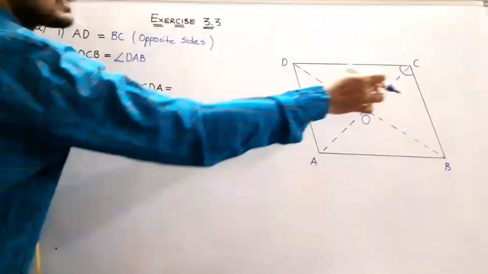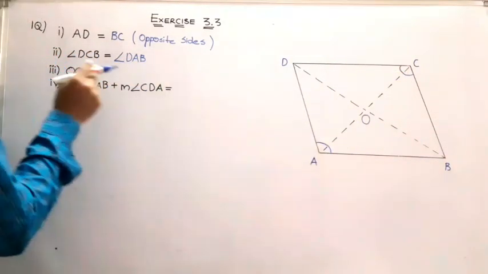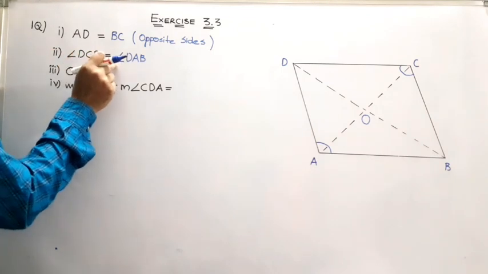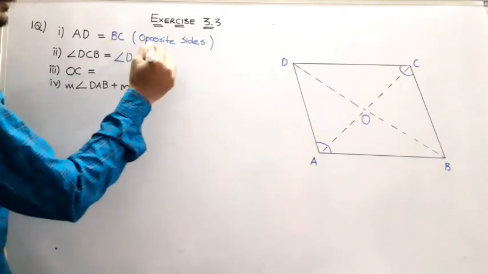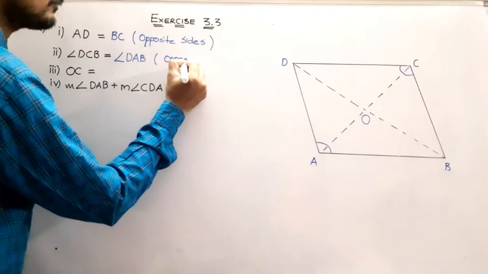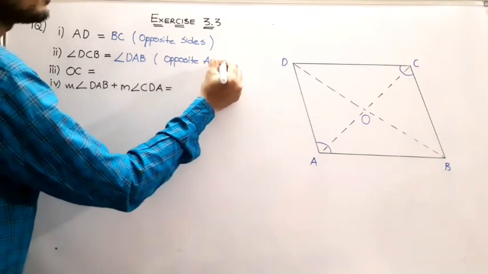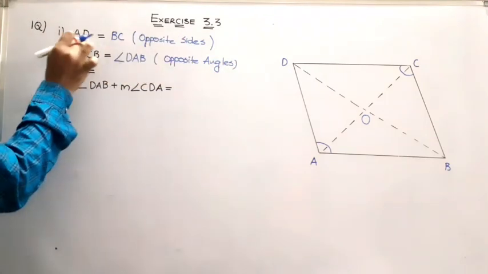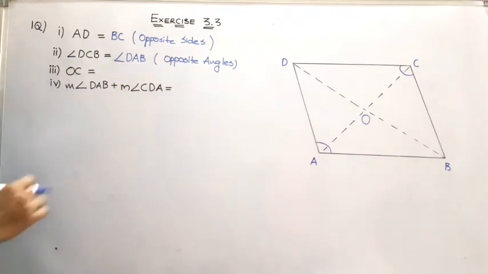Okay, as angle C is equal to angle A, and as they gave the angle orientation as angle DCB, we are going to say angle DCB will be equal to angle DAB. Okay, opposite angles. I hope you are able to catch up the things, children. Okay, as the opposite sides are equal, we made this equal. And as the opposite angles are equal, we made this equal.